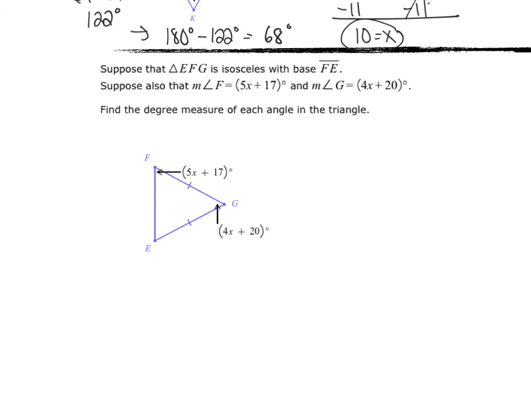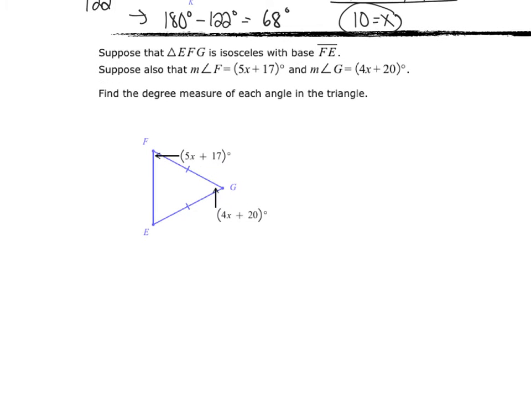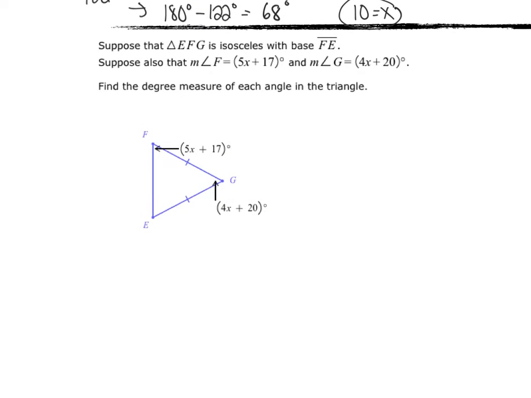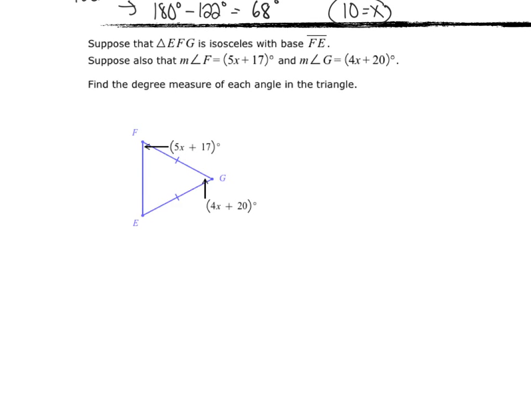So in the next example, they're going to give you another picture of an isosceles triangle, but it's a little bit different. In this picture, we have the two markings on the triangle right here and here. And remember, the angles across from those are the ones that are equal. So I'm saying that this angle must be equal to this angle.